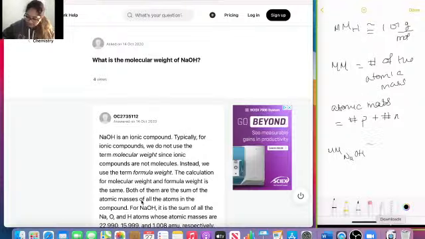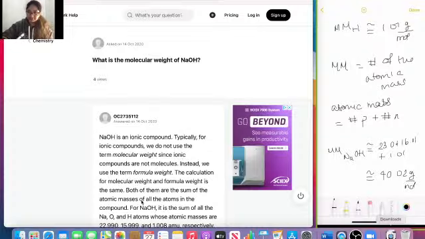So we have 23.0 plus 16.01 plus 1.01, and I get around 40.02 grams per mole.